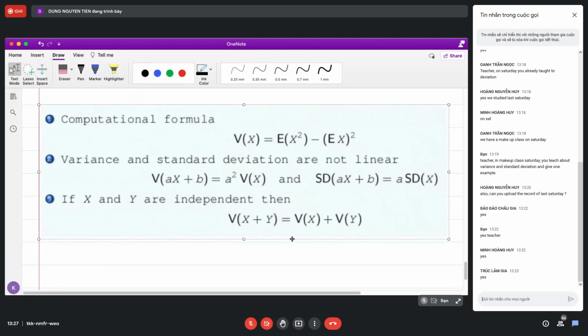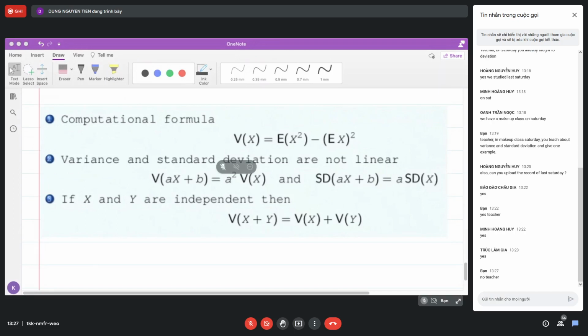In addition, if x and y are independent, then the variance of the sum x plus y is equal to the variance of x plus the variance of y. Okay? Any questions so far? Is that all clear? Good. All right, let's consider this example again.